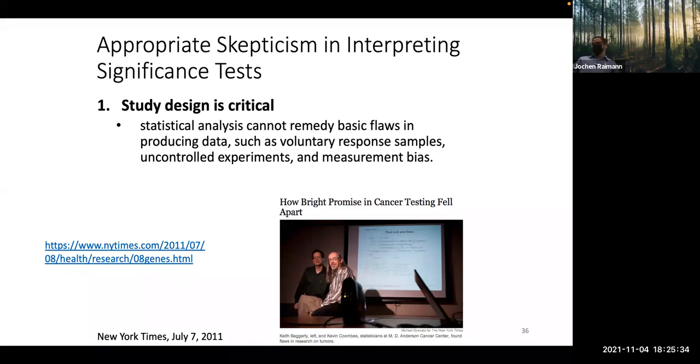Study design is critical. It really depends on how you analyze data and how you interpret data, which includes flaws in producing the data. You could, for example, have voluntary response samples. You talked about selection bias and sampling, right?